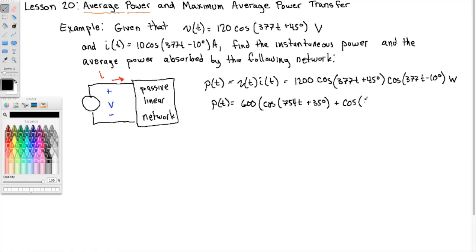Okay, so let's clear this up a little bit. I'll write out the trig identity again.